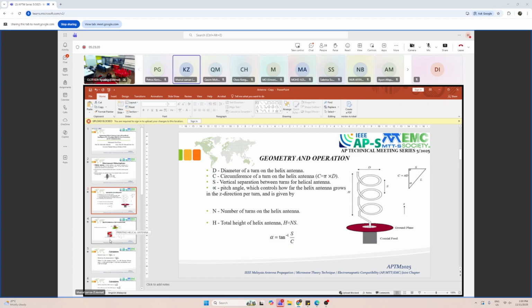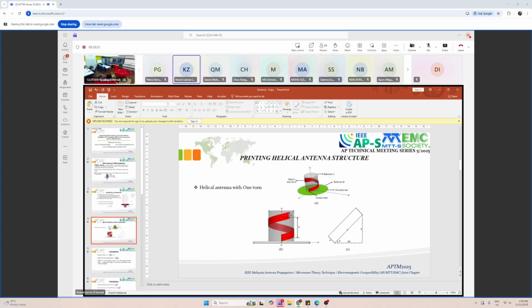We move to another type of helical antenna, which is the printed helical antenna. It depends on the researcher, or depends on you, how you're going to design your printed helical antenna.